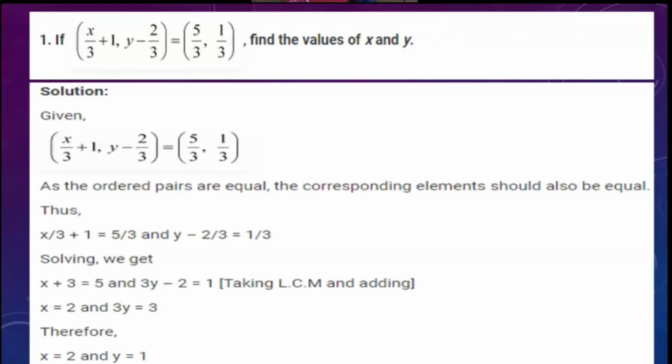So x by 3 plus 1 equal to 5 by 3 and y minus 2 by 3 equal to 1 by 3. By taking LCM or by solving, what are you going to get? x plus 3 equal to 5 and y minus 2 equal to 1. And x you get 2, and 3y you get 3, which means y you get 3 upon 3, 1. Okay.